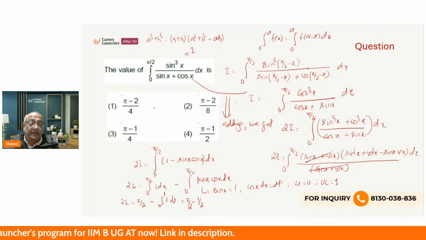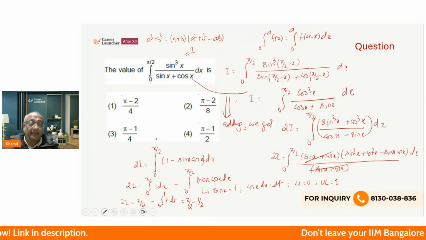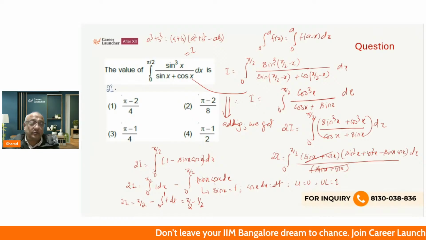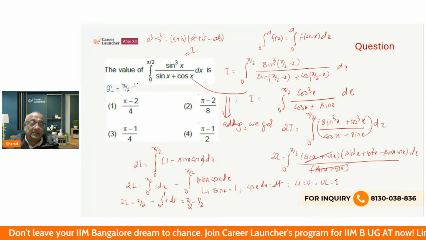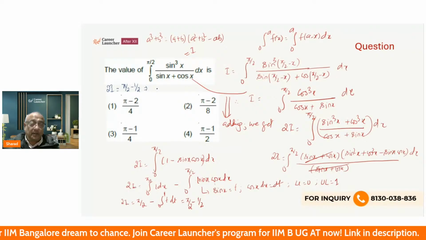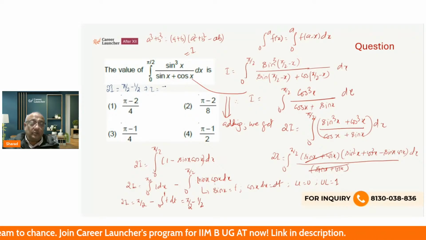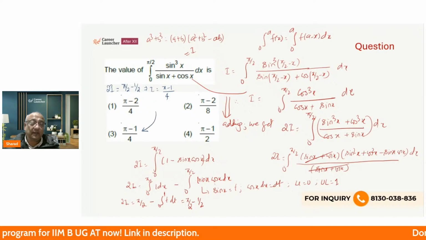Let me write here with the blue pen. I have the space: 2I is equal to pi by 2 minus 1 by 2. So I will be equal to (pi minus 1) by 4. This is my answer.